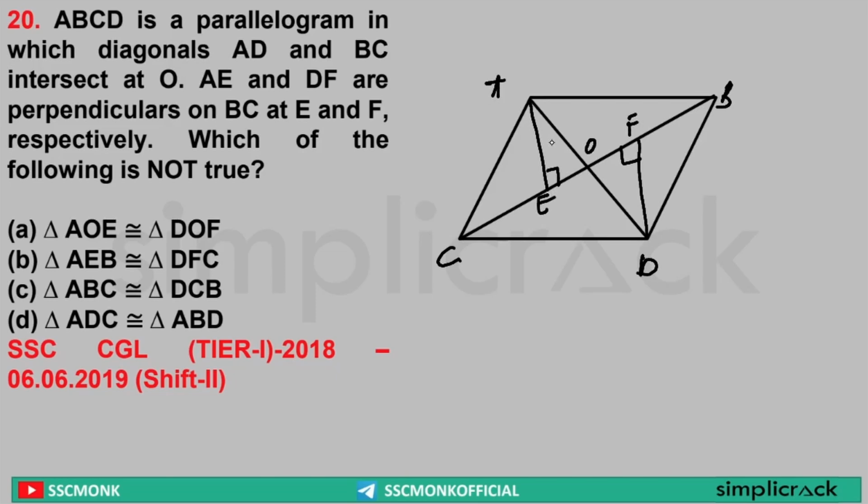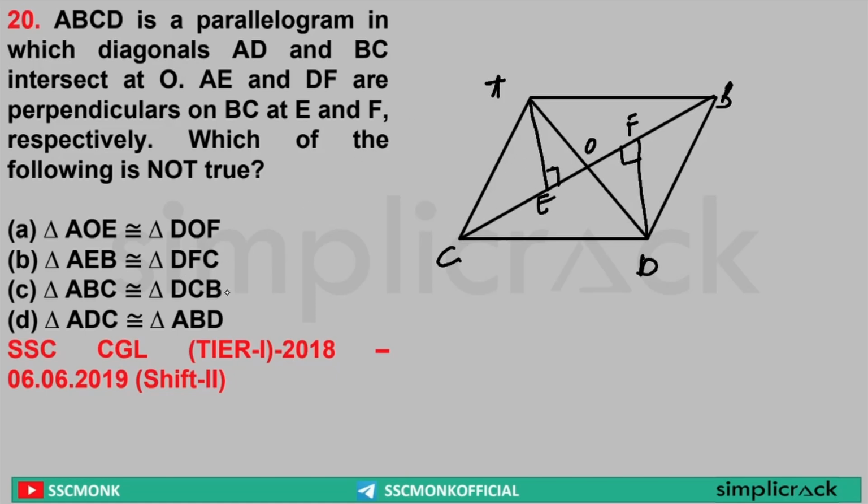Now see, this angle equal, this side equal. Now see, this will be similar, so AOE is similar to DOF. Now AEB and DFC, they will be similar in the same way.